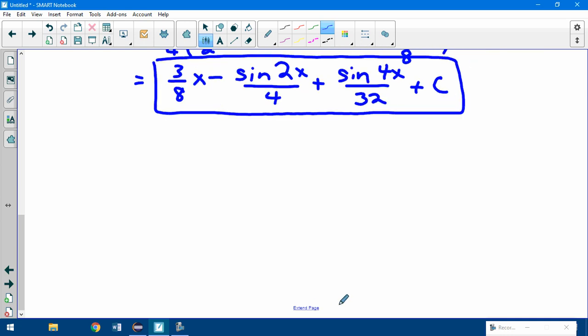All right, so let's summarize. Yesterday we did sine to an odd power or cosine to an odd power.